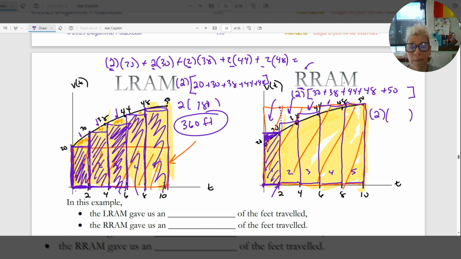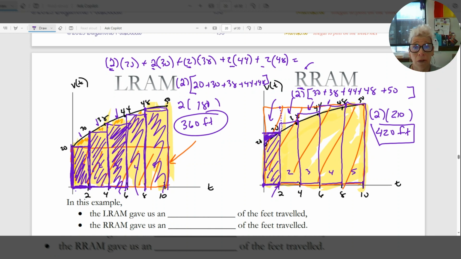So we're going to sum up those 5 rectangles: 30 plus 38 plus 44 plus 48 plus 50. That's 210. And when we multiply that by 2, we now have an upper estimate of 420 feet.